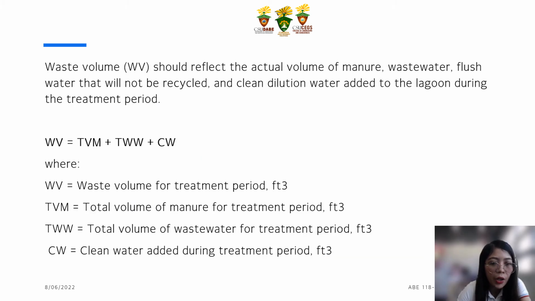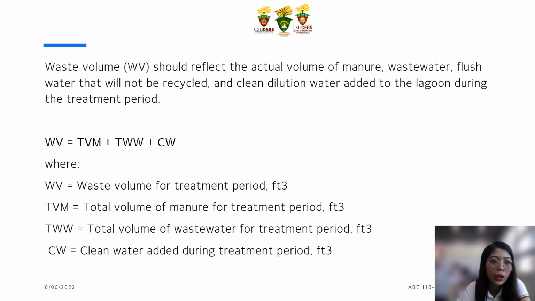The waste volume, or WV, should reflect the actual volume of manure, wastewater, flush water that will not be recycled, and clean dilution water that is added to the lagoon during the treatment period. The treatment period is either the detention time required to obtain the desired reduction of the pollution potential of the waste, or the time between land application events, whichever is longer.